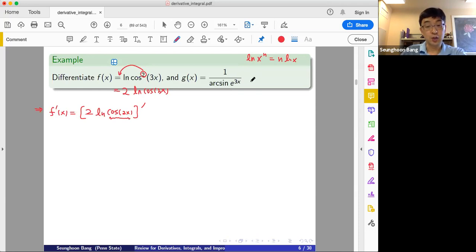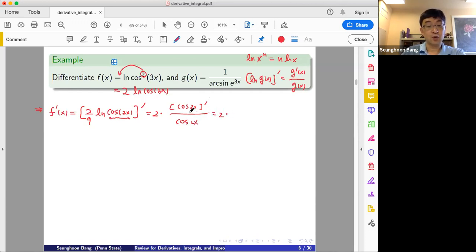We can use this rule: the derivative of ln of g of x is g prime of x over g of x. You can use the chain rule. You have to keep the coefficient 2. So it is cosine 2x prime over cosine 2x.